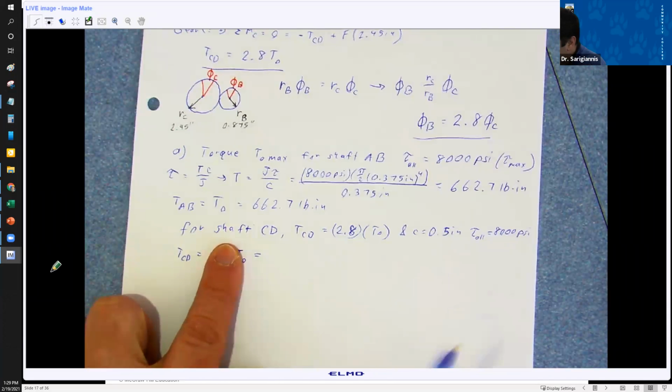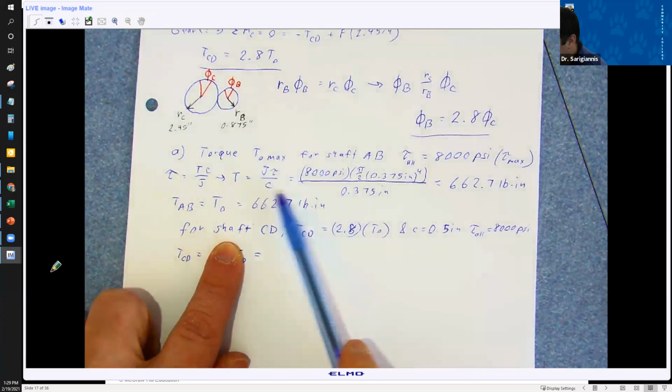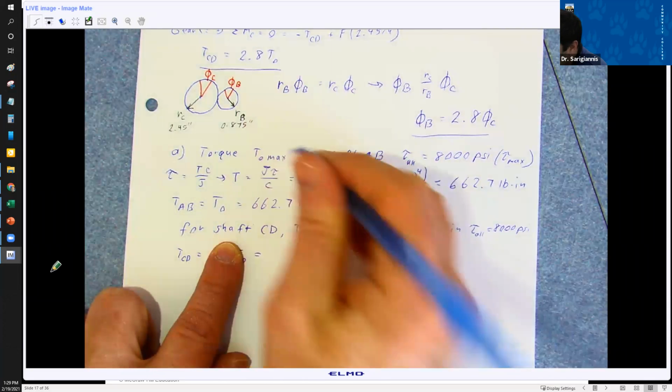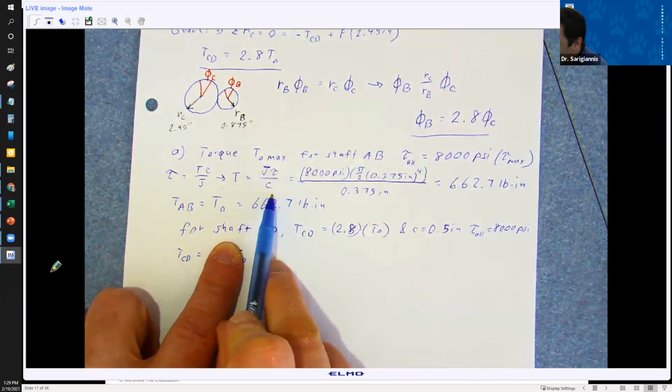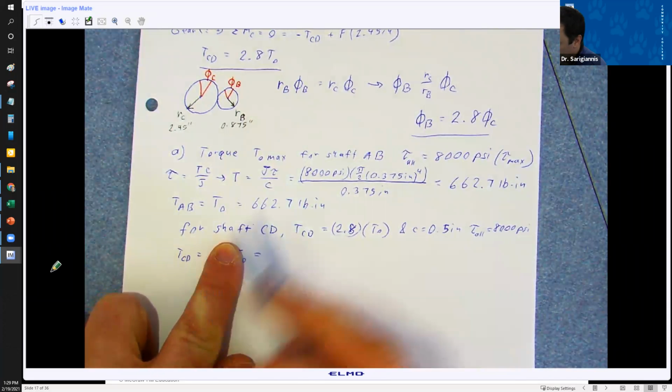so forgetting this, right? We know that the torque is the polar moment of inertia, I should put a subscript on that, times the shear stress divided by the radius. So now I'm looking at this in the context of rod CD.